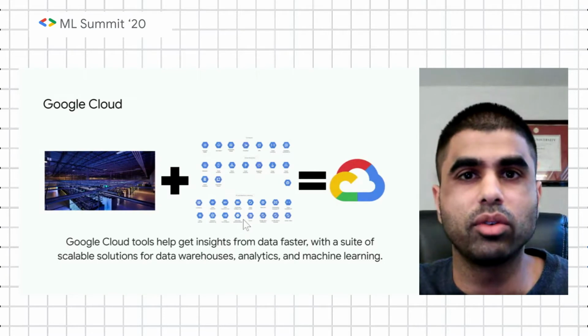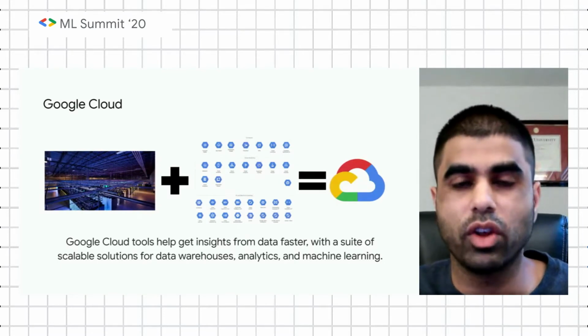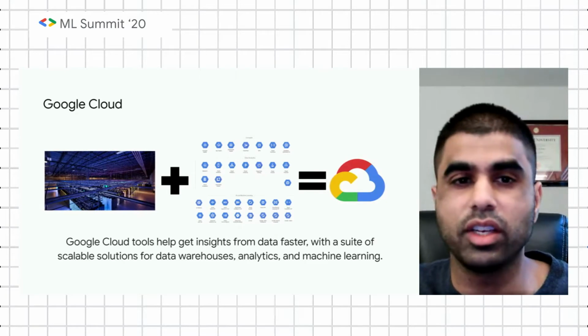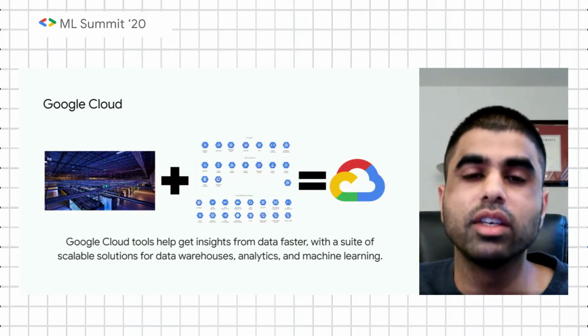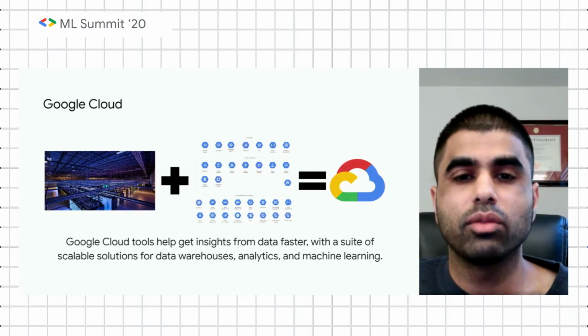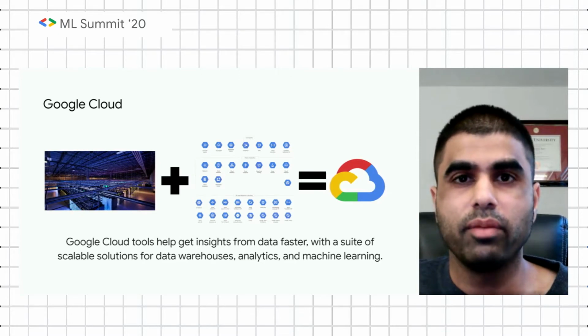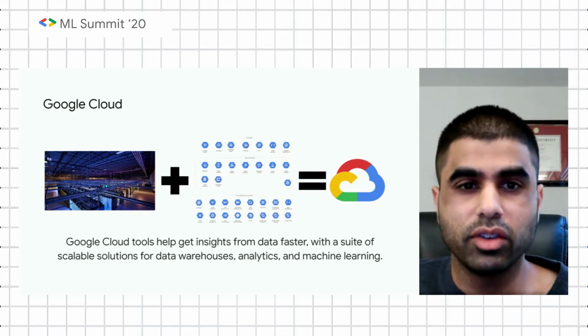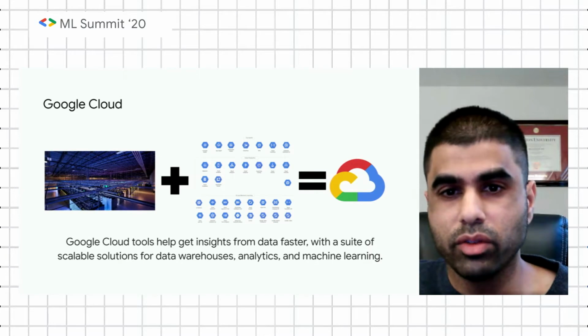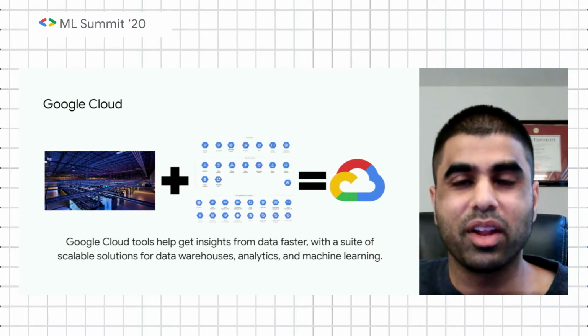All right, so let's talk about Google Cloud. Now, Google Cloud generally solves many different problems, right? Not just data science, but what does it mean for data science? Technically, we're just trying to get insights from data, right? So how do we do that? What you'll see here is Google Cloud hardware, and a bunch of hexagons that represent Google Cloud software products, and that is what represents Google Cloud.